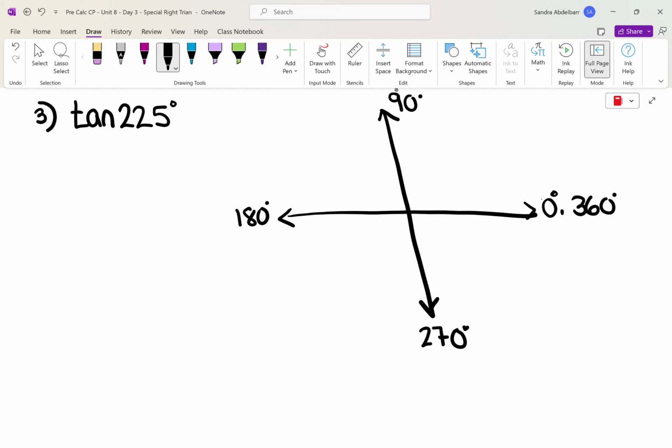Good. We're going into quadrant 3 because 225 is between 180 and 270. So remember, where do you always make your angle from? You always make it from the origin, and then you draw your perpendicular to the x-axis, never to the y-axis, always to the x-axis.